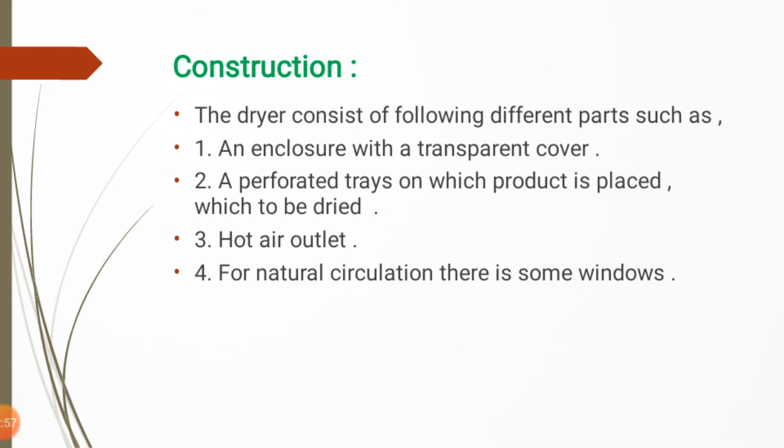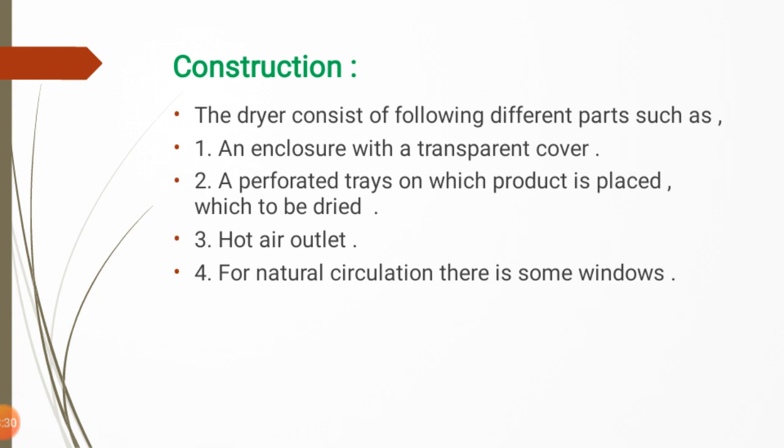Now what is the actual construction of the solar dryer? The dryer consists of the following different parts. First is an enclosure with a transparent cover. The transparent cover is for transmission of the incident solar radiation, and the enclosure helps to separate the system from the surroundings. Second are the perforated trays on which the product to be dried is placed.